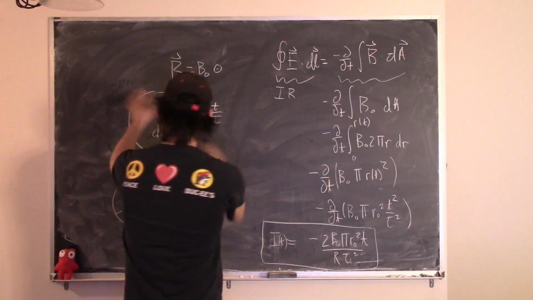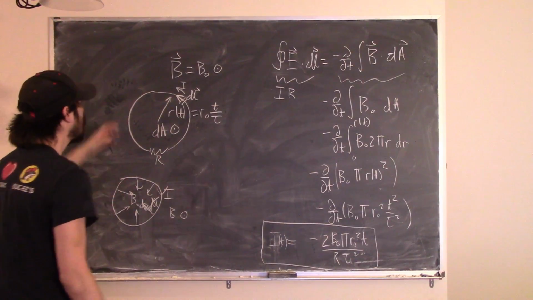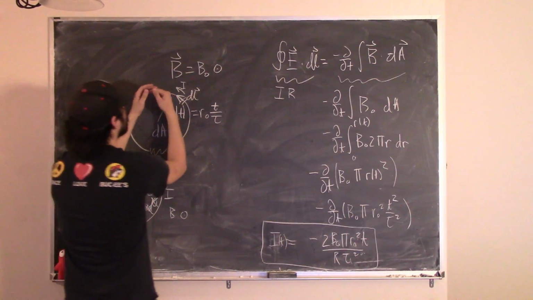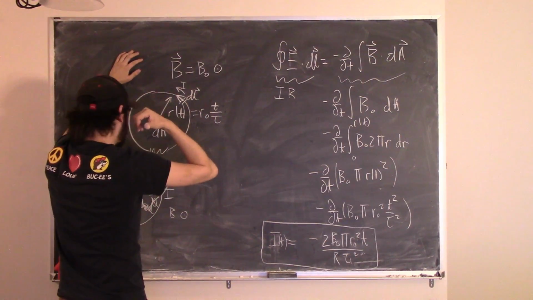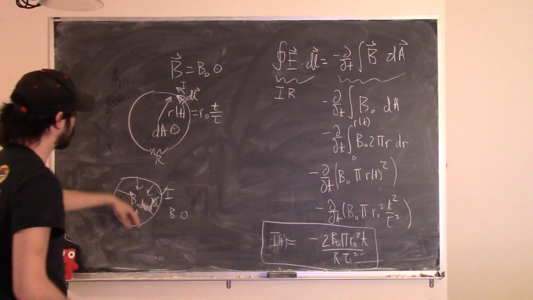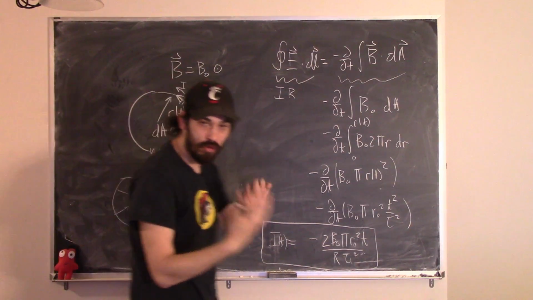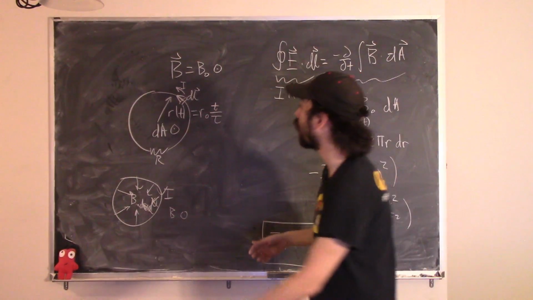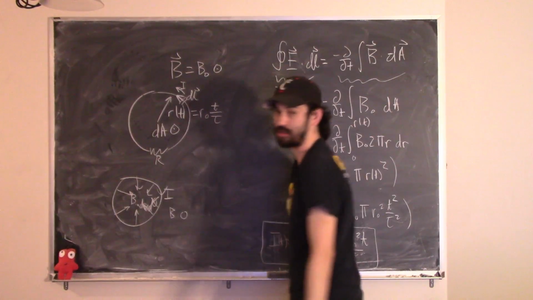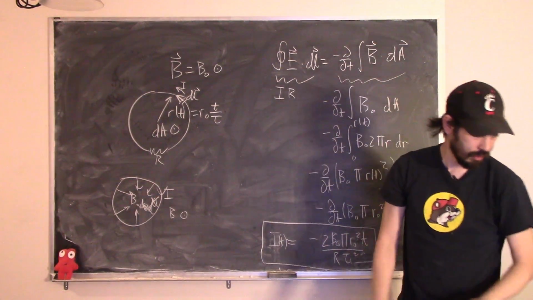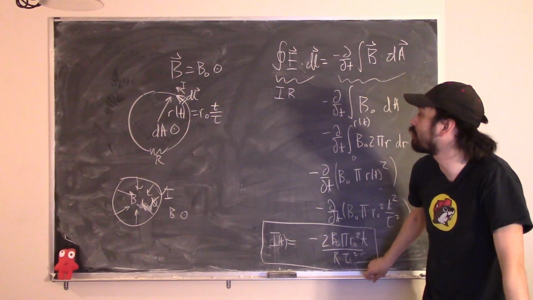And so again, this is consistent with what we would expect to happen, because if this loop is expanding, it's enclosing more and more magnetic field that's pointing out. And to counteract that, the loop is producing a magnetic field that's pointing in. So it creates a magnetic field that points the opposite direction as the more and more magnetic field that it's enclosing.